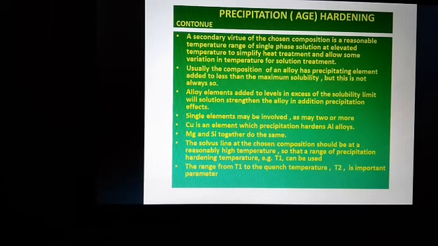The solvus line at the chosen composition should be at a reasonably high temperature, so that a range of precipitation hardening temperatures like T1 can be used. The range from T1 to the quench temperature T2 is an important parameter.